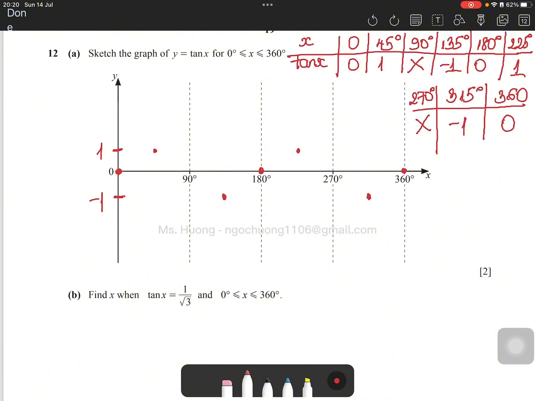So the graph of y equals tan x should pass through these points. And the general form of the graph is like this.